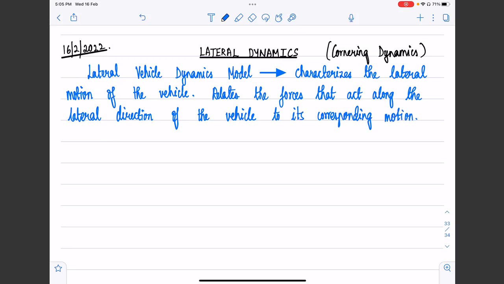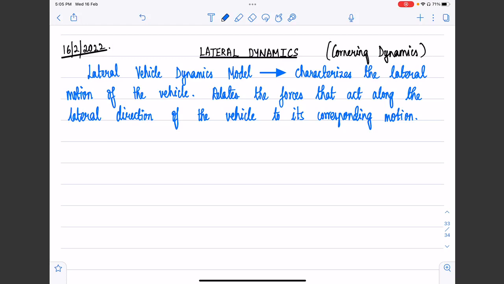If you look at a basic course on vehicle dynamics, by and large, we study lateral dynamics, longitudinal dynamics, and so on in isolation or in a decoupled manner. But in reality, there is always going to be coupling of dynamic responses. What do I mean by that?